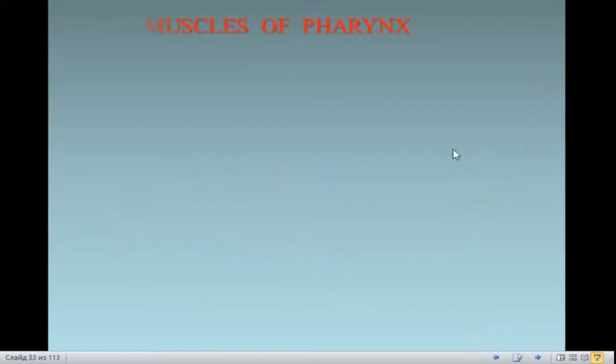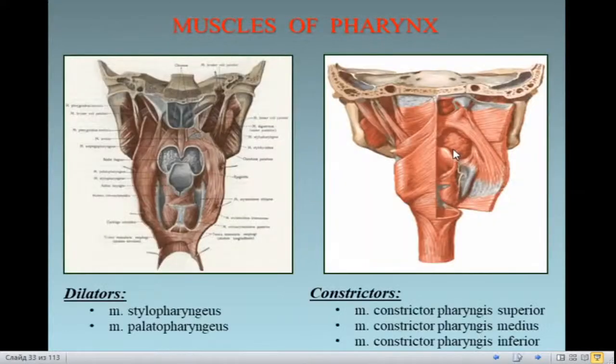The next layer, below the submucosa, is the muscular layer, represented by muscles like dilators and constrictors. Dilators are stylopharyngeal and palatopharyngeal, and constrictors are superior, medial, and inferior, three constrictors.